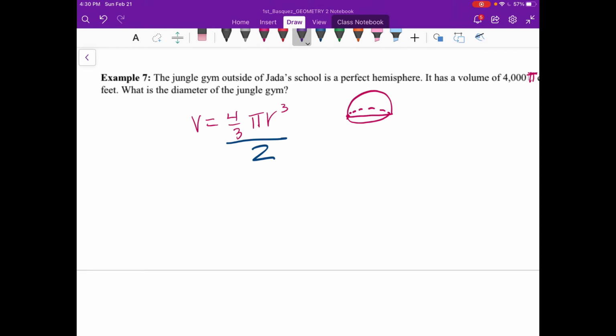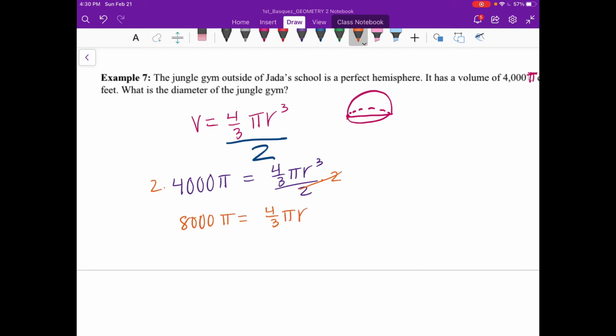Okay, so in this case, that comes out to be 4,000 pi, and we have 4/3 pi r cubed over 2. I'm going to multiply both sides by 2 first. That's going to go away. That's going to give me 8,000 pi on the left and 4/3 pi r cubed here on the right. Next, I'm going to divide out the pi because that's going to make it go away on both sides.